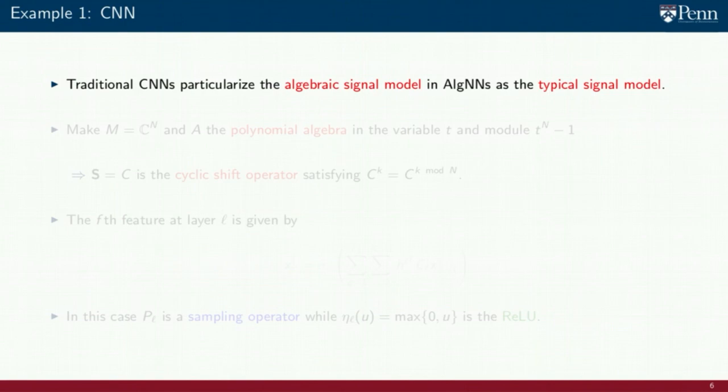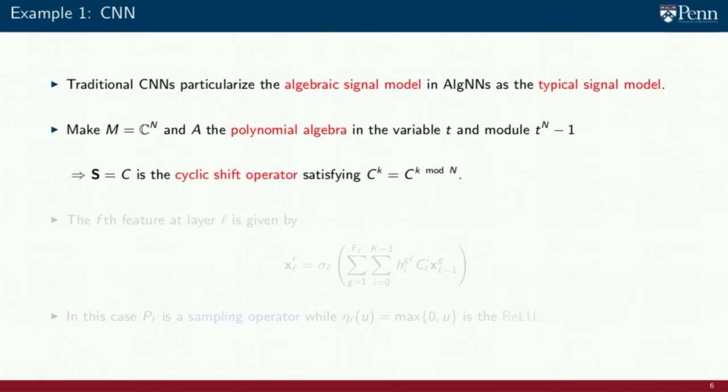We now provide explicit examples of algebraic neural networks. We first consider traditional CNNs, in which we particularize the algebraic signal model as the typical signal model. Make the vector space M equals Cn, and A the polynomial algebra in the variable t modulo t power n minus 1.